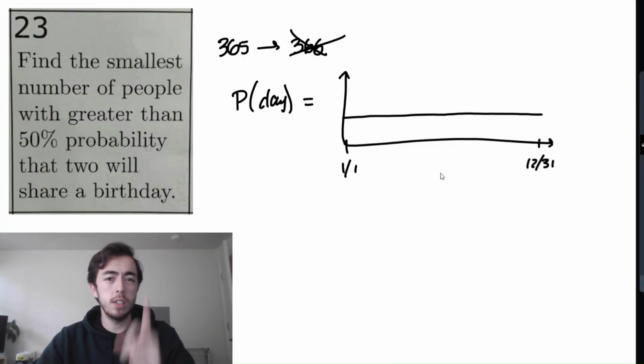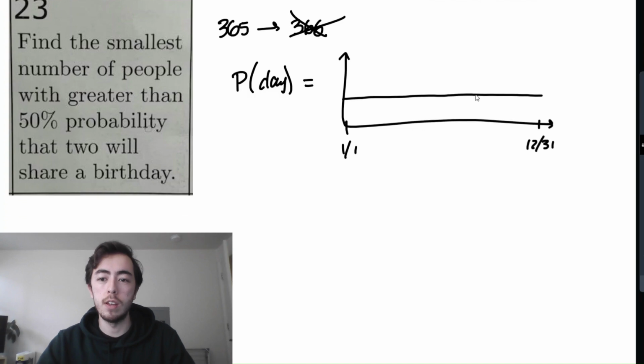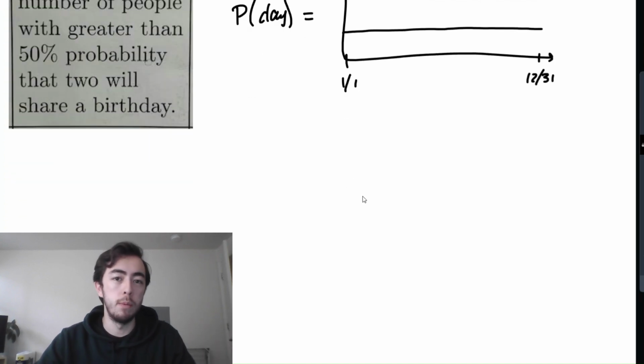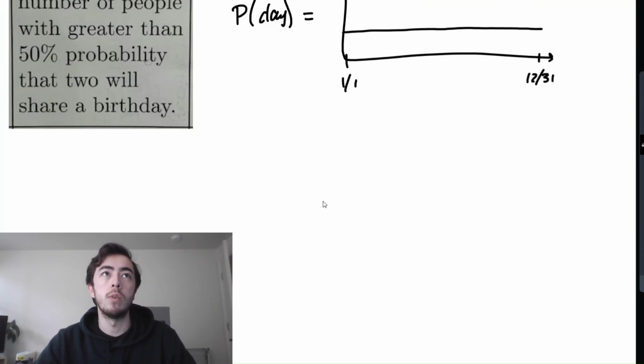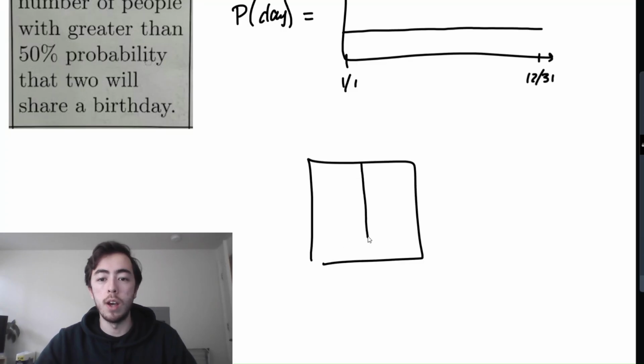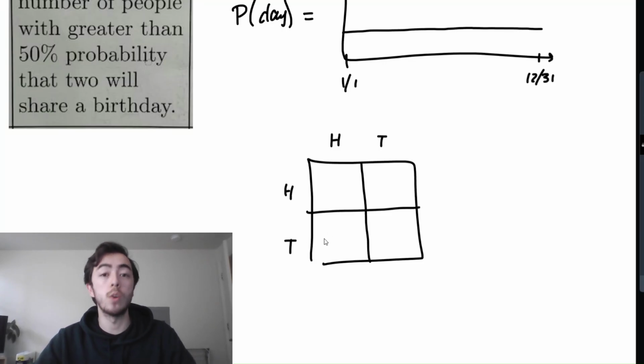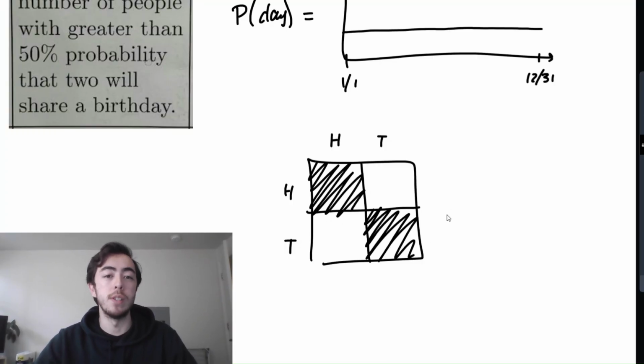So let's discuss that for a sec because I'm going to assume that the probability distribution is uniform. But I think if we have a non-uniform distribution, that will increase the likelihood of birthday double ups. I could demonstrate why with a coin toss. Let's say we have a fair coin and we toss it twice. We basically have a 50% chance that we double up on either option.